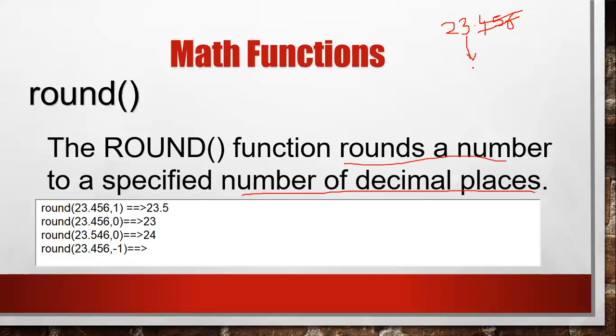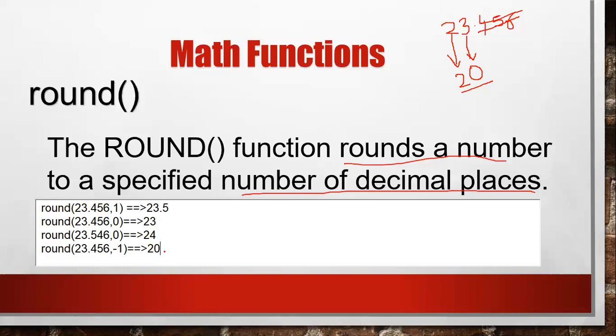So the 3 is converted to 0, and if the number we are converting to 0 is greater than or equal to 5, then 1 is added to the previous number. But if it is not, then nothing is added to the previous number, and that number is taken as it is. So in this case our answer will be 20.